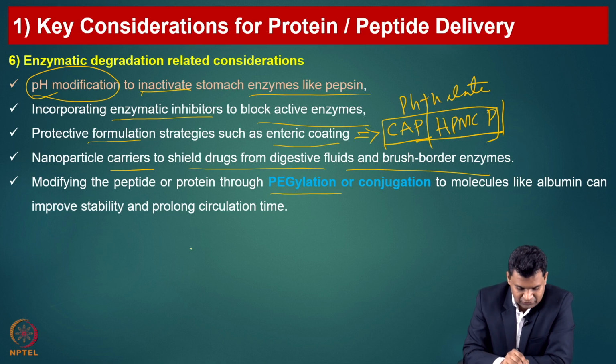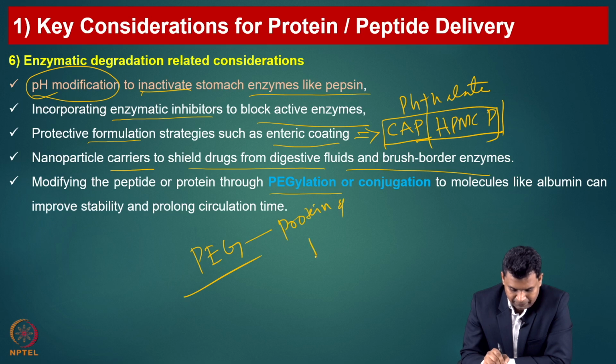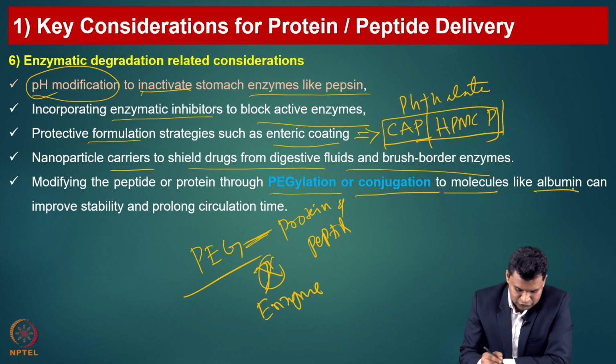Then PEGylation, using the PEG molecule, that is polyethylene glycol, we can conjugate with proteins and peptides. That will prevent enzymatic degradation because of this linkage. Conjugation to molecules like albumin is also possible.